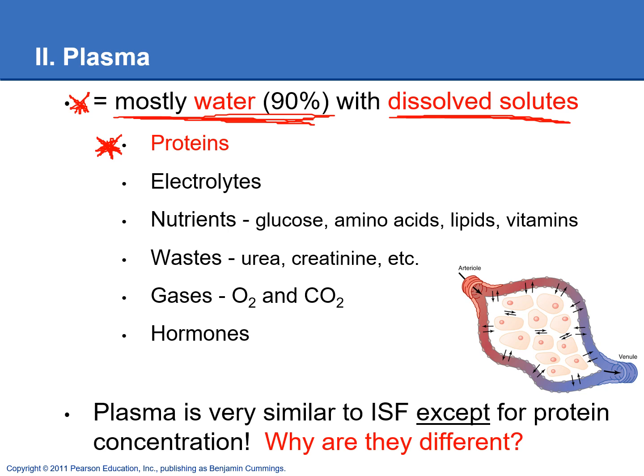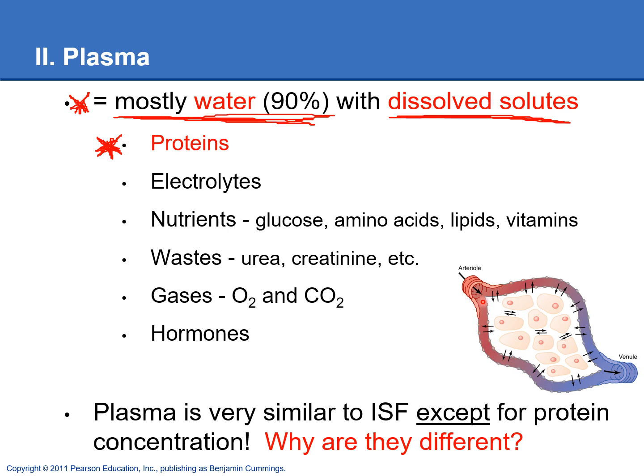And if we take a look at the plasma itself and compare that to the interstitial fluid, which is the fluid that surrounds the cells and the tissues, the concentrations of all of these solutes in the plasma and in the interstitial fluid around the cells will be very similar, except for the plasma proteins.